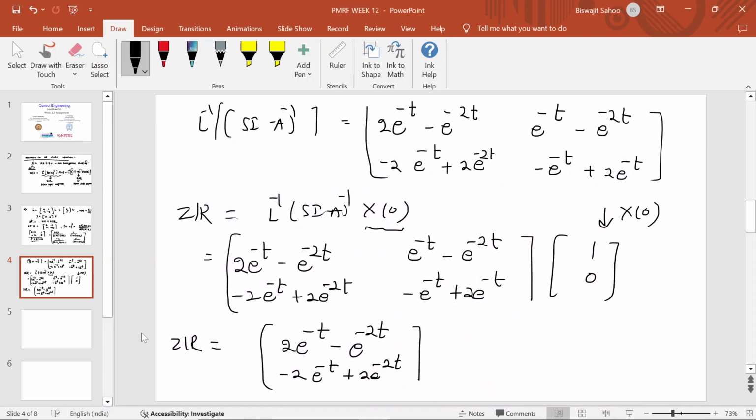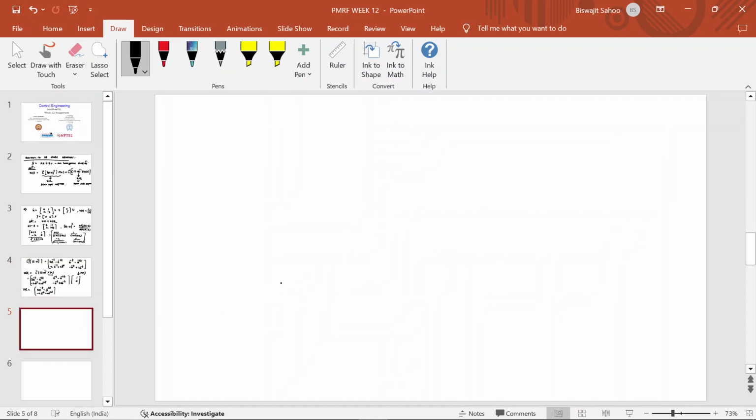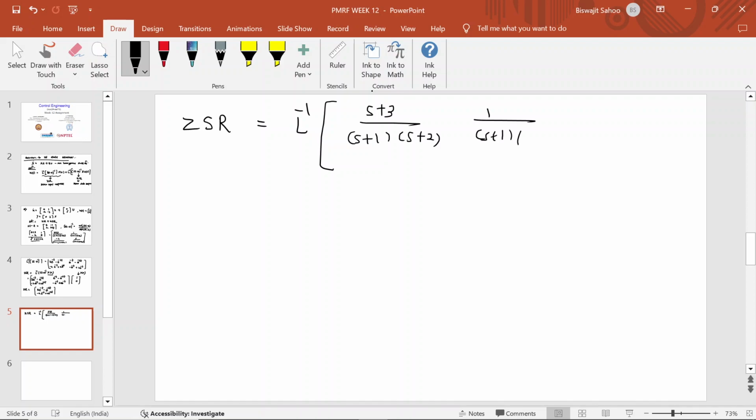Now you have to find out ZSR. What is ZSR? ZSR is nothing but L inverse of (sI minus A) inverse B into U of s. So I'm writing down here s plus 3 divided by, already this term we have found out, s plus 2, 1 divided by s plus 1 and s plus 2, minus 2 divided by s plus 1 and s plus 2, and here is s divided by s plus 1 and s plus 2.